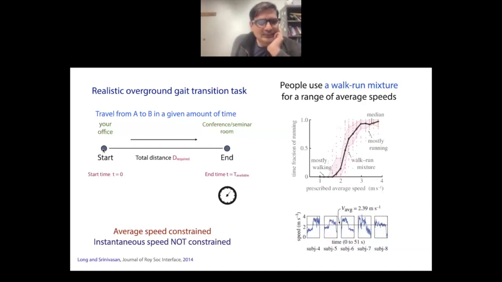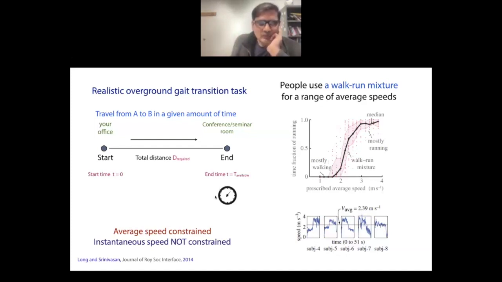The task is you have to go from A to B, which is a fixed distance, let's say 120 meters, and then you're given a stopwatch which is counting down time. It goes to zero eventually and beeps at the end. And we can give people a lot of time on that stopwatch, or very little time, or anything in between.